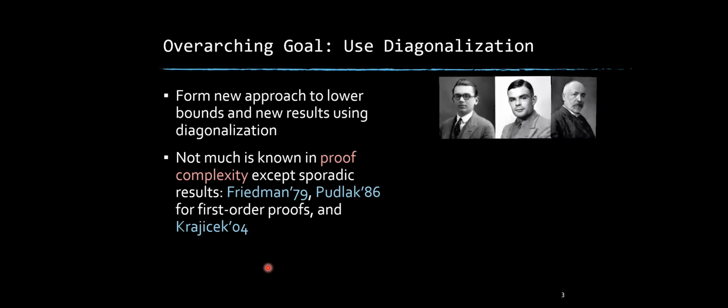Proof complexity is an area that studies proof systems, and it is quite surprising that diagonalization was not extensively used in this area, except these sources that I mention here, which is Friedman from '79 and later Pudlák from '86, who considered lower bounds for first order proofs for consistency statements, and also the more recent work of Krajíček from 2004. But the work of Krajíček was for propositional proofs, but it is a different work than what we do.